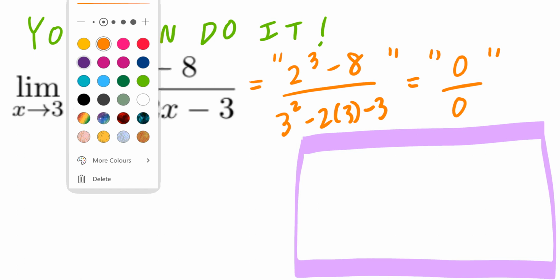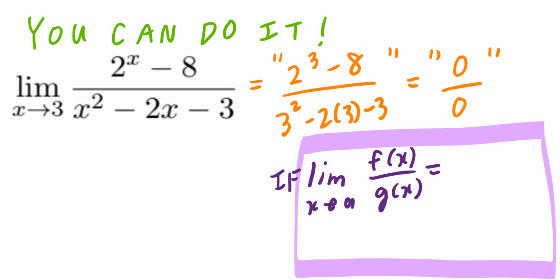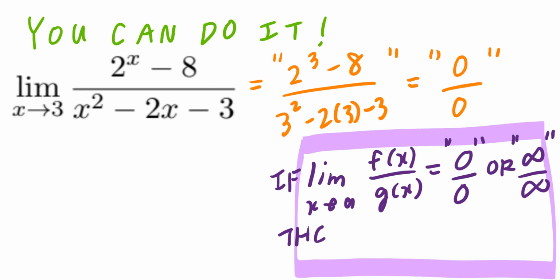So this rule states that if you're looking at the limit of x approaching a, so if there's a limit, and this function could be expressed as a fraction, so let's say a function f of x divided by g of x, and you end up getting either 0 divided by 0, which I'll put in quotation marks, or infinity divided by infinity, then you have to take the derivative of the top and the bottom.